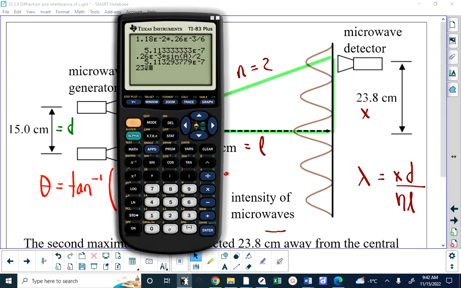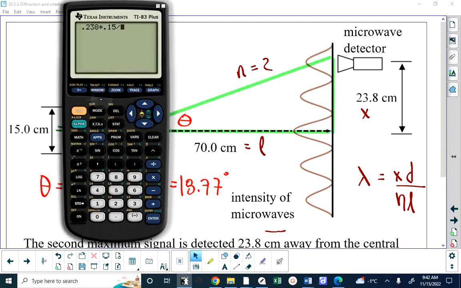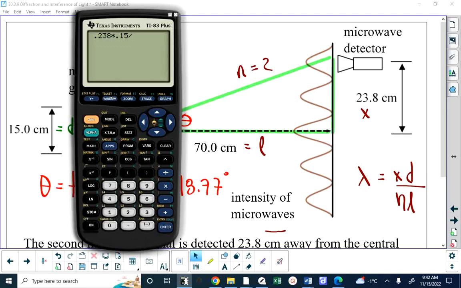XD, 0.238 times D, which is 0.15, I have to use meters here, divided by N times L. I mean, I could go divided by 2, divided by 0.7, but 2 times 0.7 is 1.4. So I'm just going to divide by 1.4.